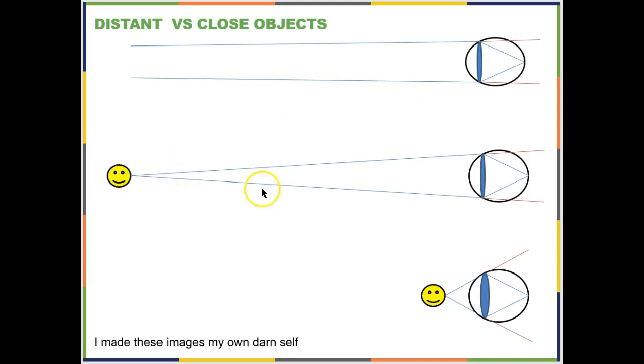So as objects become closer, they can be more divergent but still hit your lens, which means your eye is going to have to bend light rays down here more than up here, right? So if it's distant, you have to bend the light through this smaller angle up here, and if it's close, you have to bend the light through a much greater angle.